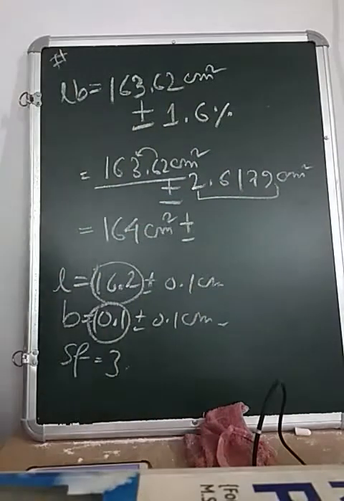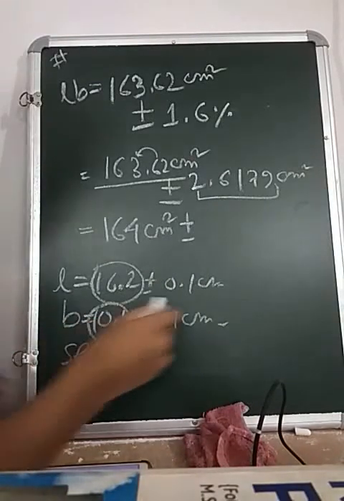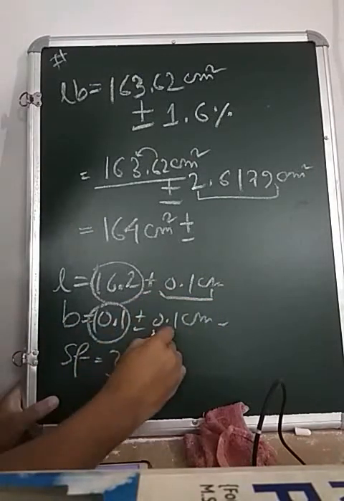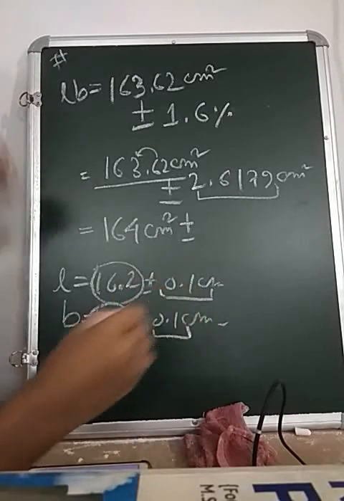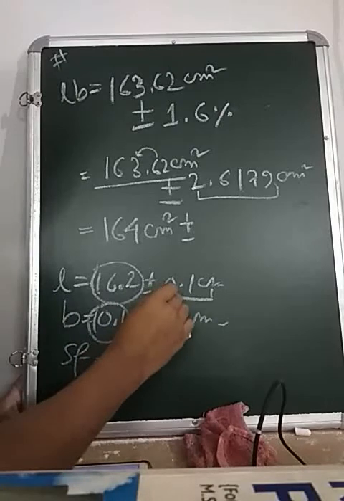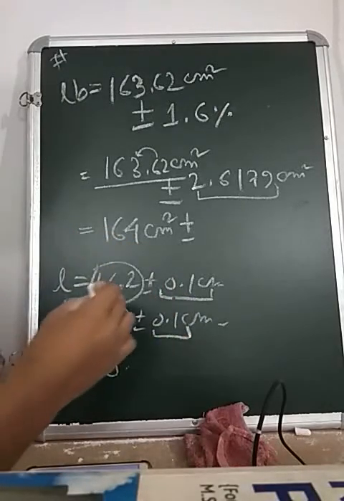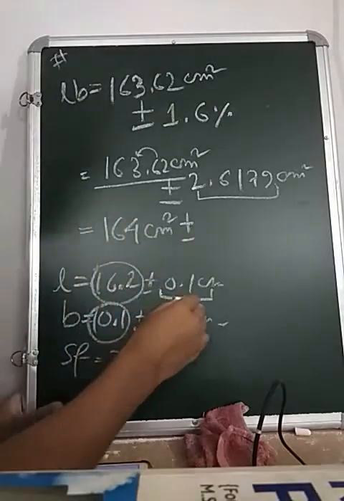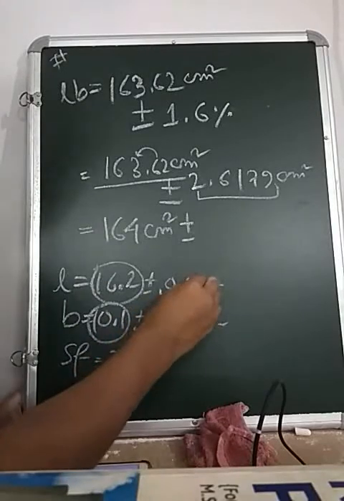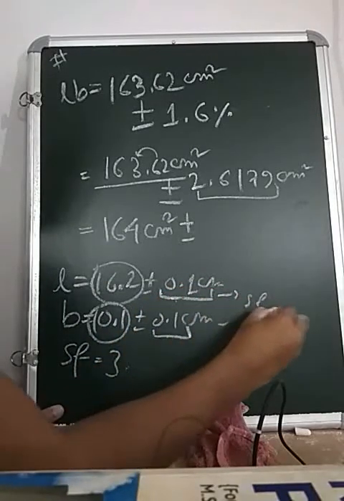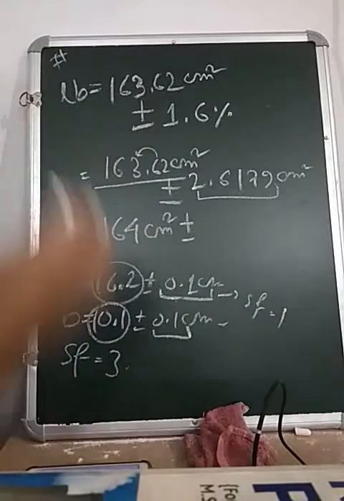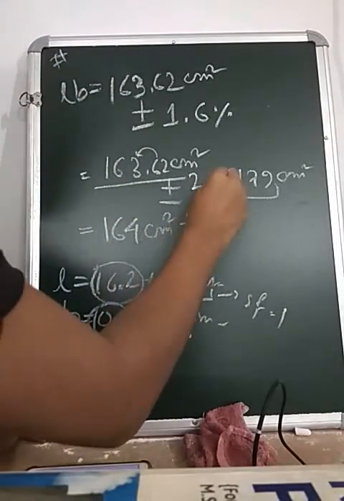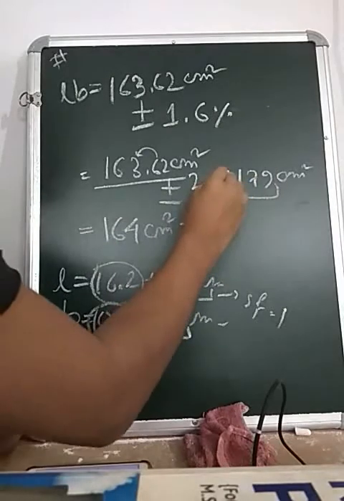Okay, so see here what is the significance? The significant figure of the error term in the original data was just 1. So we have to make this error result up to 1-digit significance.